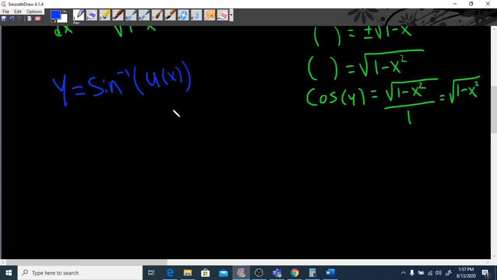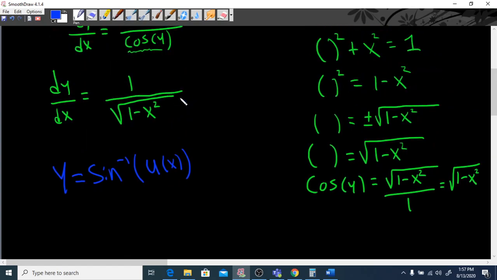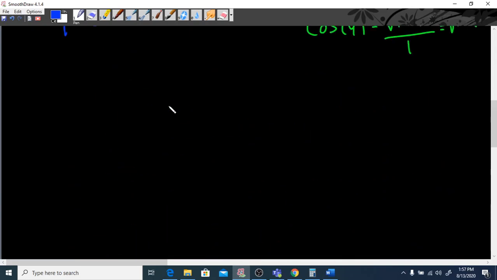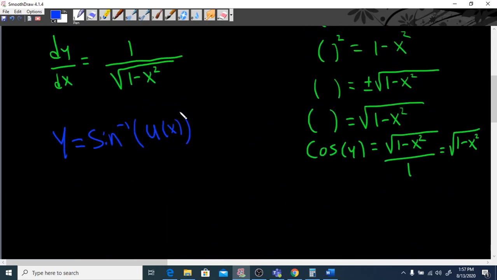In other words, chain rule. So instead of x being in the parentheses of the inverse sine, we have u, which is just any function. So basically just swap out x with u, but then don't forget the chain rule.